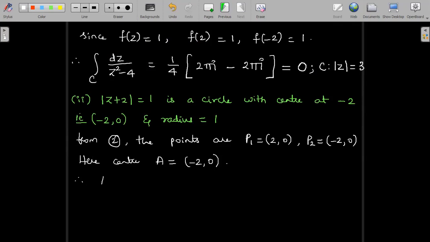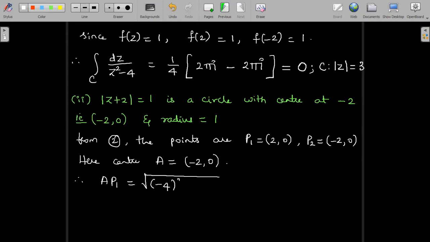So by applying the distance formula, AP1 will be equal to square root of, distance formula we are applying for these two. We can call P1 as x1, y1, P2 as -2, 0, or vice versa. It doesn't matter anyway. We're taking whole square anyway. So I'll call this as x1, y1 and this as x2, y2. So formula is x2 minus x1 whole square, -2 whole square.